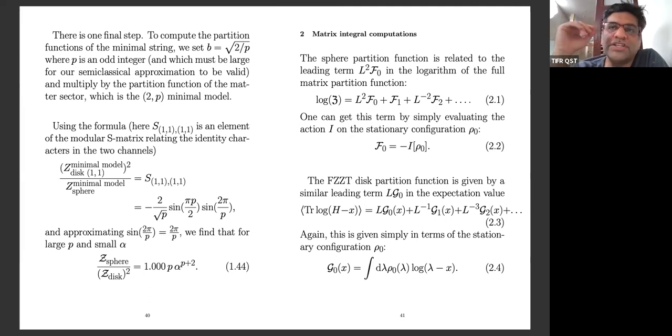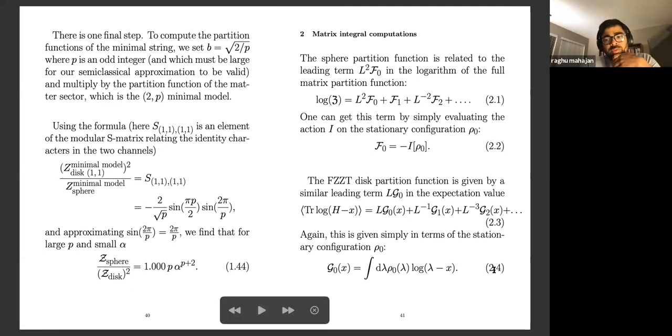Right. Your dictionary was that the matrix integral was the sphere partition function. And what is the disk partition function? That is in equation 2.4. So the disk partition function, 2.3, is the trace log of the matrix minus X, expectation value. And X is related to mu B. So the disk in the Liouville came with a mu B parameter, and the disk in the matrix integral comes with this X parameter.